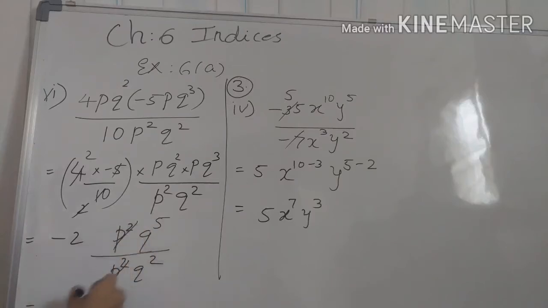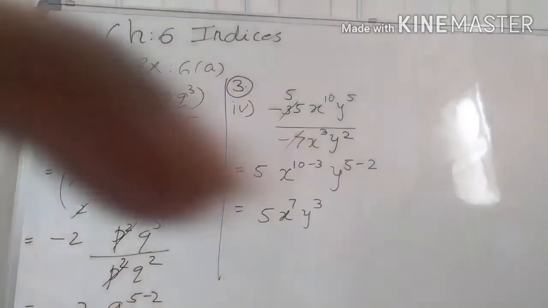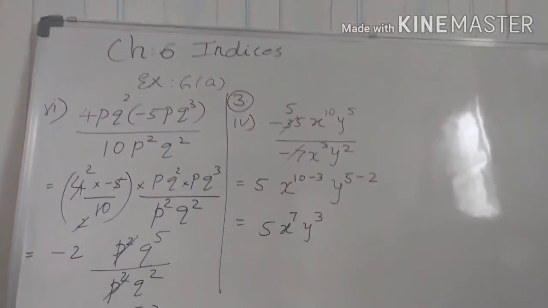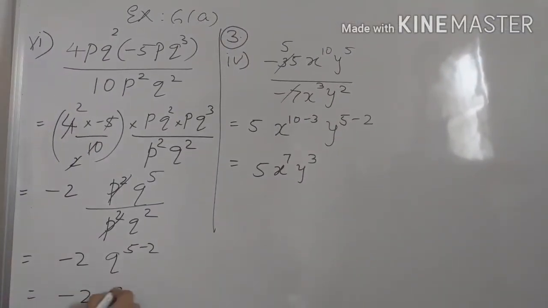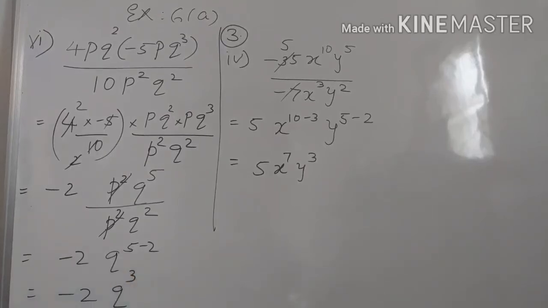So p square gets cancelled, and q power 5 minus 2. So this way we get minus 2q cube. So this is our final answer of question number 6.